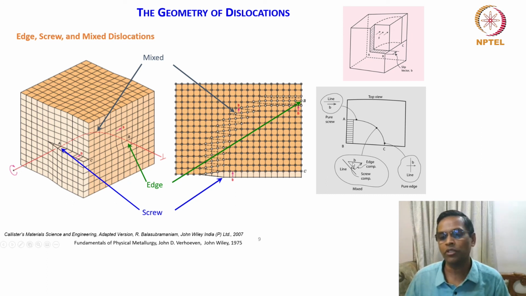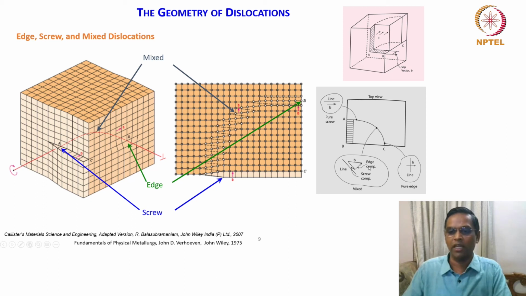Suppose you make this triangle and this is an alpha angle, then B cos alpha is the screw component, and B sin alpha is the edge component. So that is how you should look at it. A mixed dislocation will have both the characteristics of edge as well as screw dislocation, and that can be understood by this.